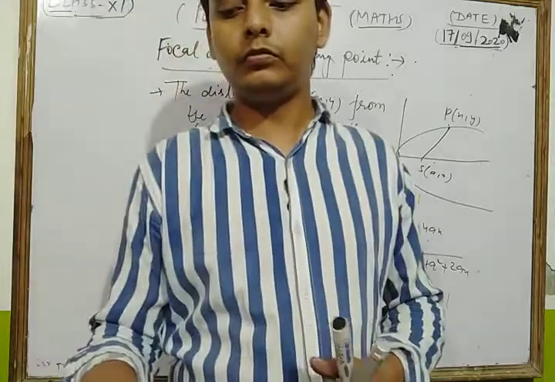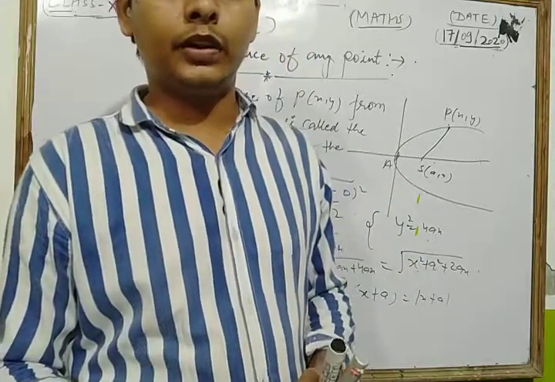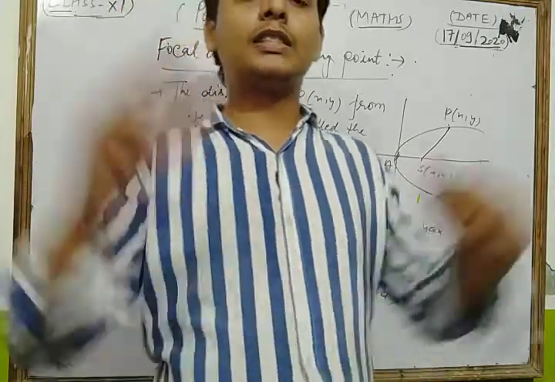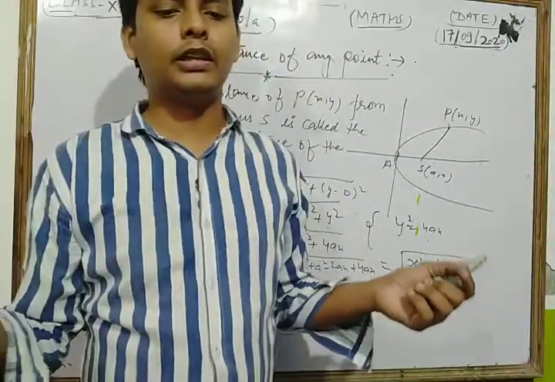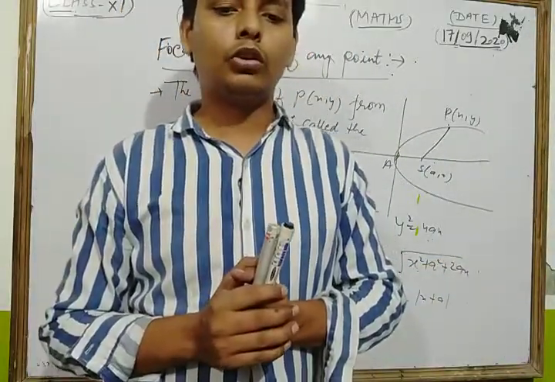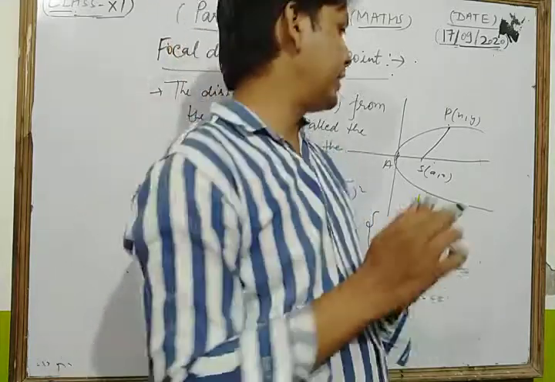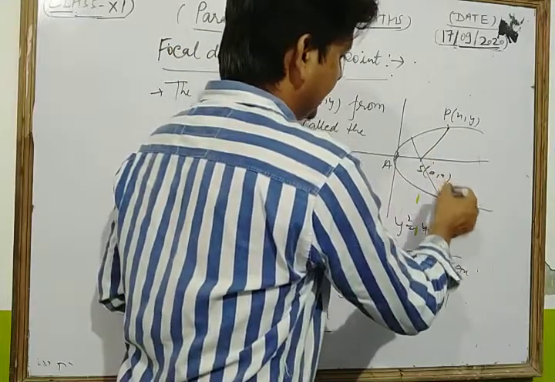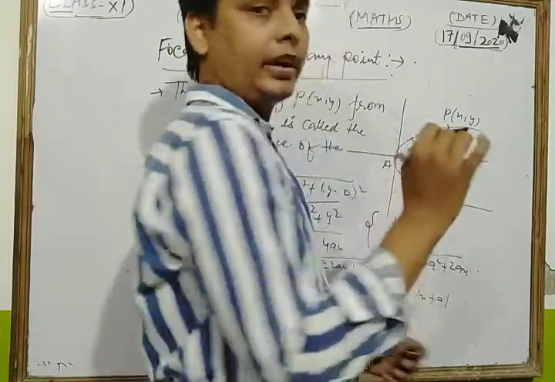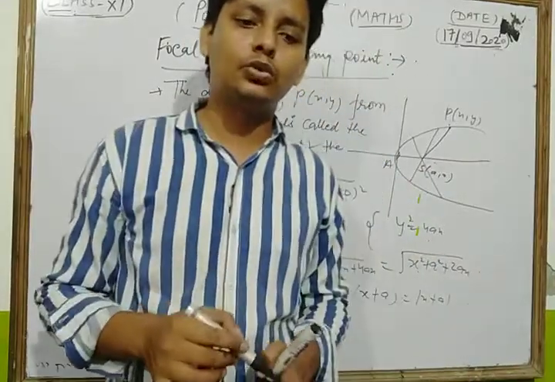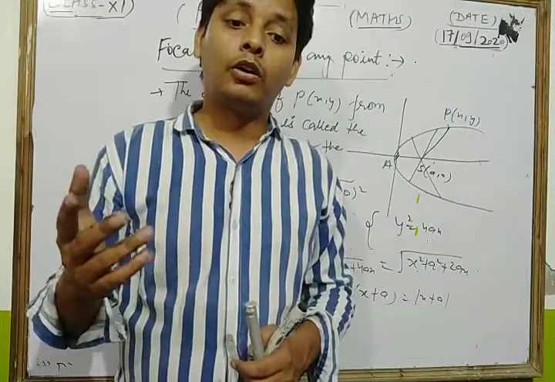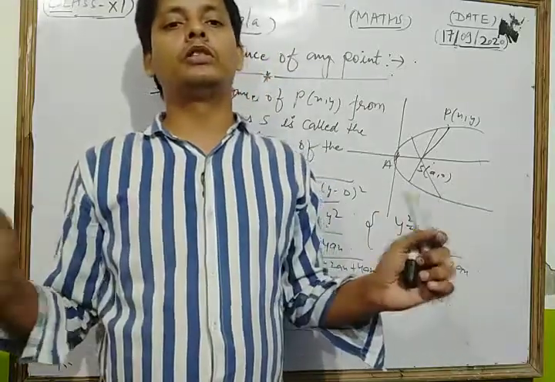Now dear student, what is the focal chord? A chord of the parabola is a focal chord if it passes through the focus. Any chord which passes through the focus is known as the focal chord, which is a very easy concept.